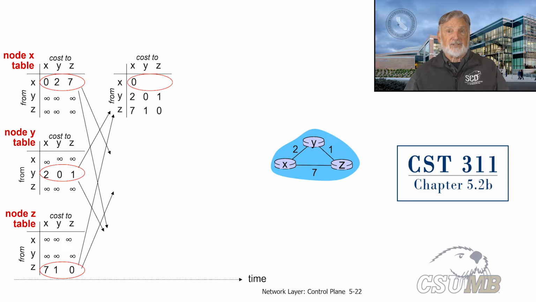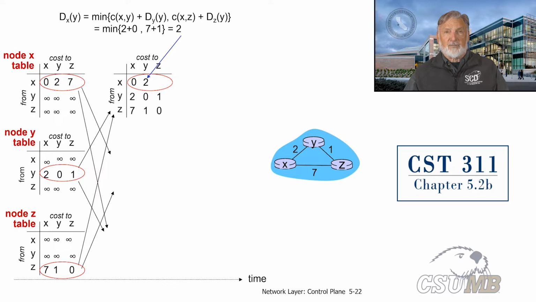Nodes Y and Z say that their directly connected path has a cost of only 1. Now X, using the Bellman-Ford equation, compares the directly connected path cost to Y, which is 2, to the path to Y through Z, which is 7 plus 1, and determines that the direct path is still the minimum cost of 2. Node X makes no change to this DV value for Y in its forwarding table.